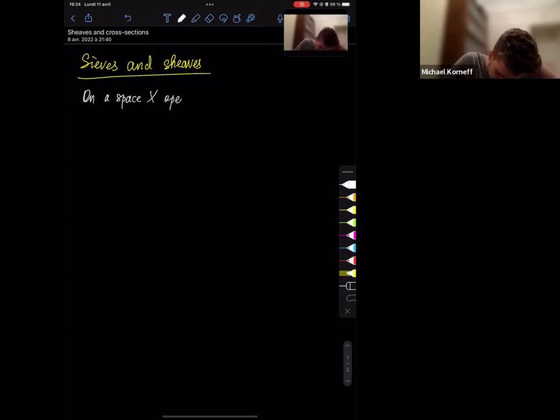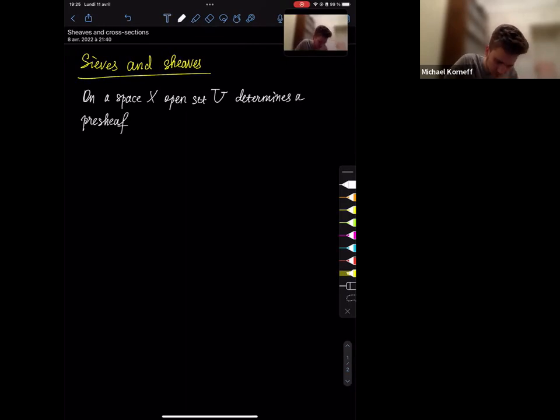An open set U determines a presheaf Hom, and for each open set V, we can define this Hom as follows.